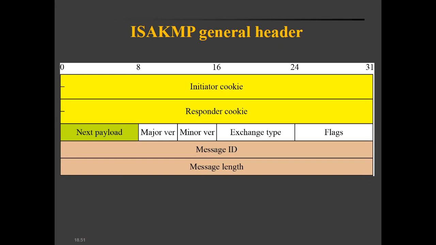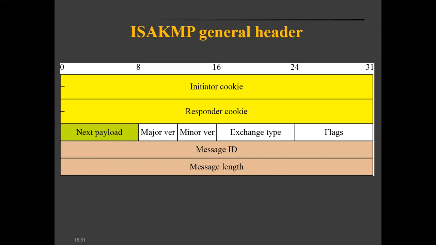The value of this field is 1 when the initiator sent the first message. Then the next payload field is an 8-bit field which defines the type of payload that immediately follows the header. We are going to discuss the different types of payload in the further slides. Next is the major version.